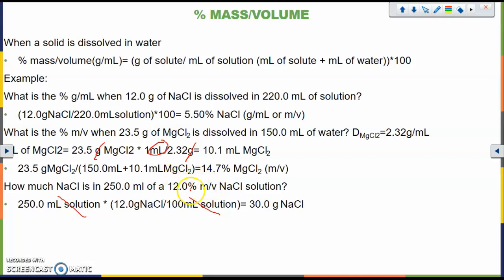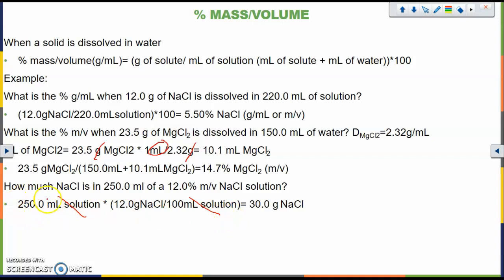That means it's going to be 12 grams over 100, since any percent will have a denominator of 100 when expressed as a fraction. In this case, the denominator is volume. That's why the unit underneath is milliliters. And that's how you should be able to cancel the milliliters of solution. That's how we figured out that in 250 mils of solution, we actually have 30 grams of sodium chloride.